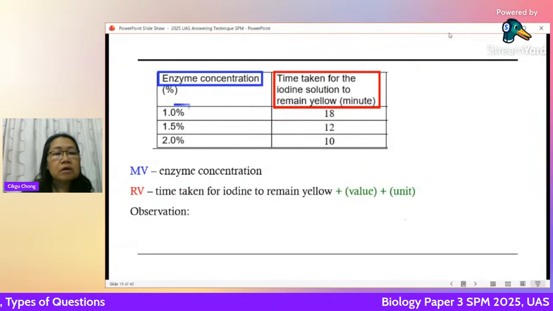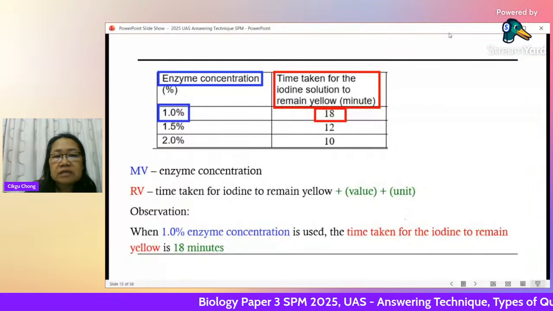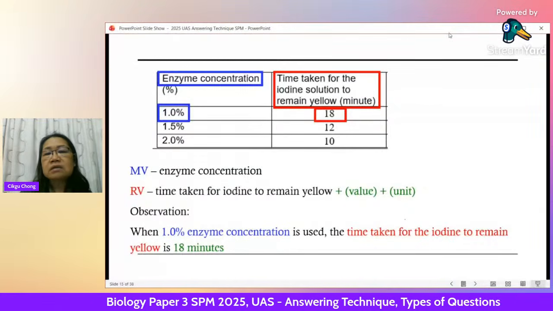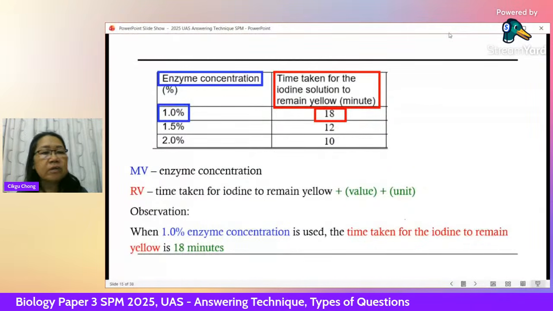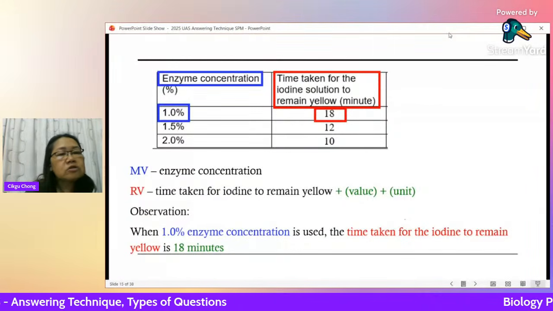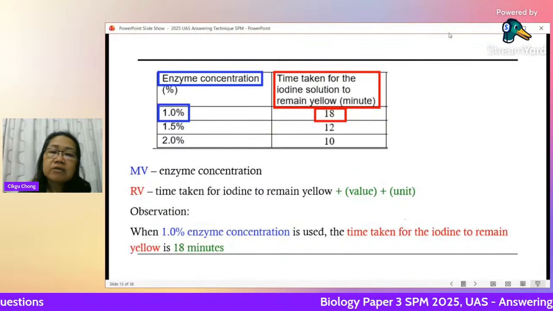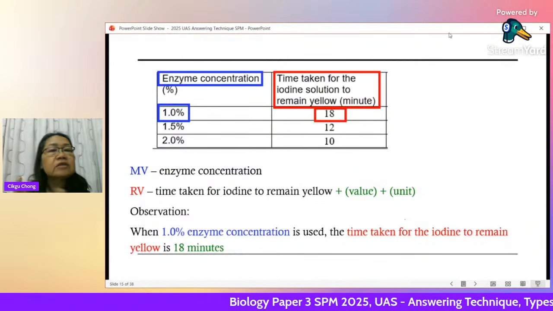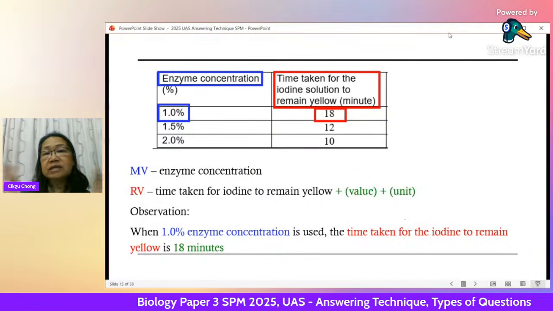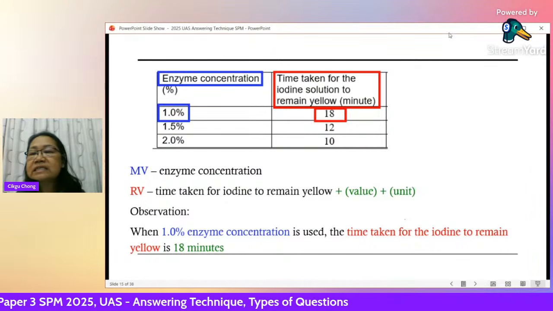Observation answer: When 1.0% enzyme concentration is used, the time taken for the iodine to remain yellow is 80 minutes. Or you can use another one: when 2.0% enzyme concentration is used, the time taken for iodine to remain yellow is 10 minutes. Any one, any set of data, just write one sentence.